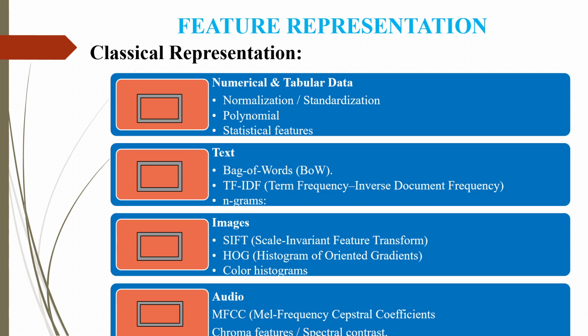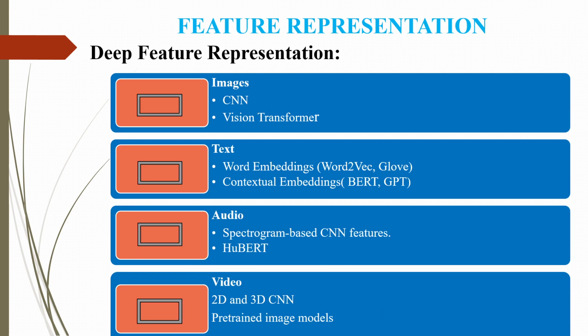Similarly, for the textual data, we have bag of words, term frequency, inverse document frequency. For the images, as I said earlier, scale invariant feature transform, histogram of oriented gradients, and color histograms. So these are the techniques for the images. Audio: MFCC, chroma features, or spectral contrast.